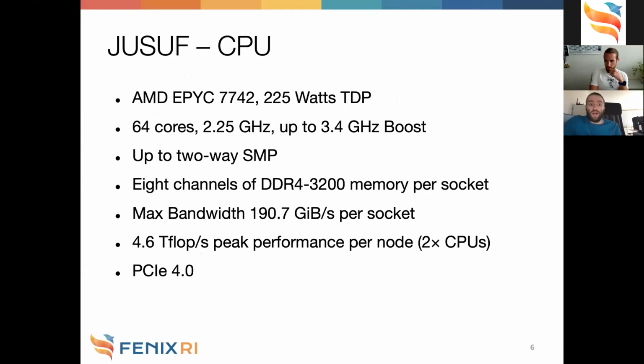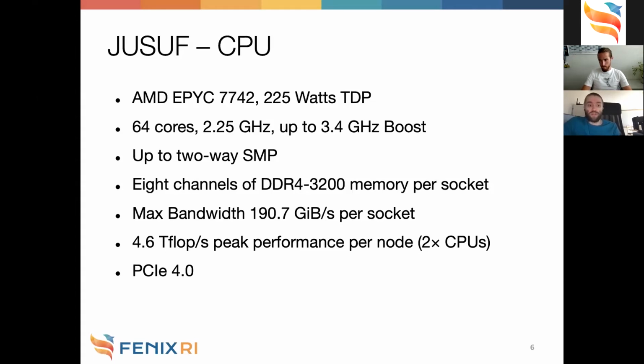Now moving on, a little more information about the CPU. This is the top of the line AMD EPYC CPU. It has 64 cores, which gives a total of 128 physical cores per node. With SMT, simultaneous multi-threading, enabled, we get 256 logical cores.